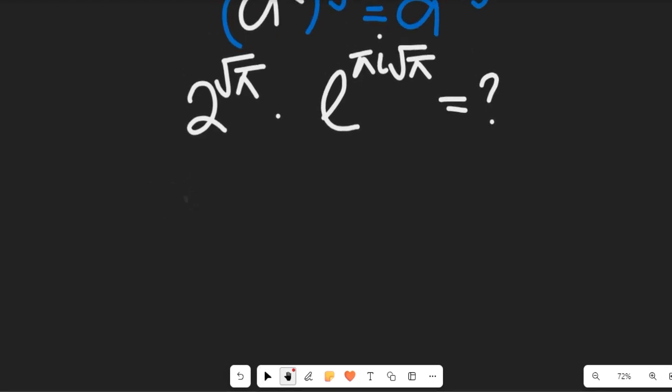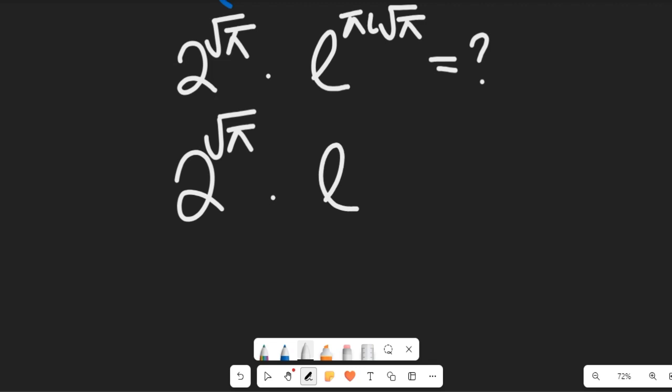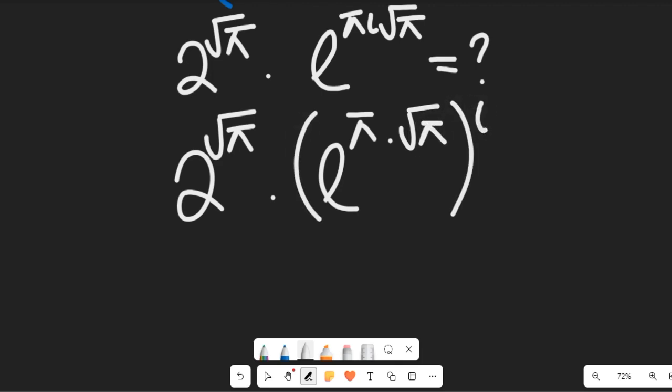We'll have 2 to the power of pi square root of pi, and this would be multiplying the exponent of pi multiplying the square root of pi, and all of these will be multiplying the power j. We have not changed anything.